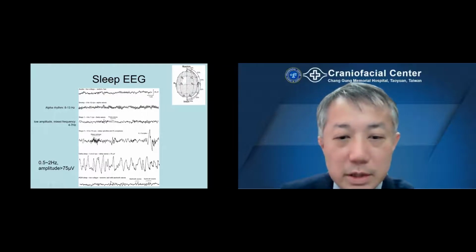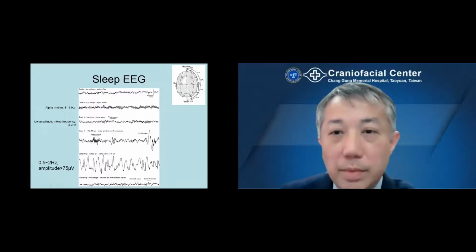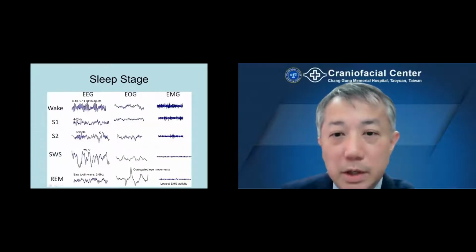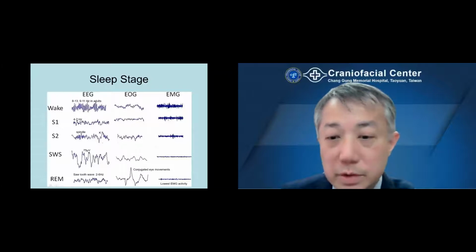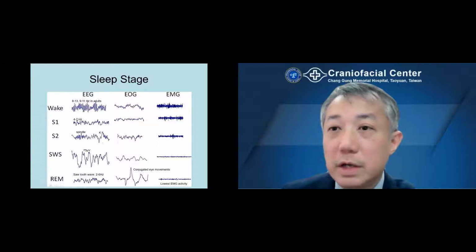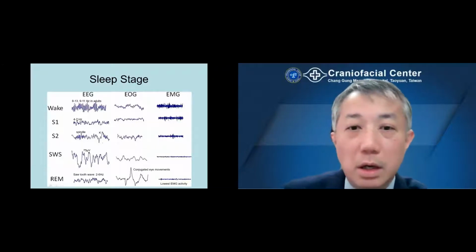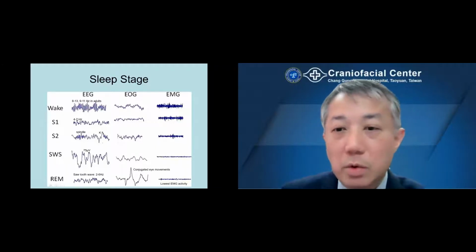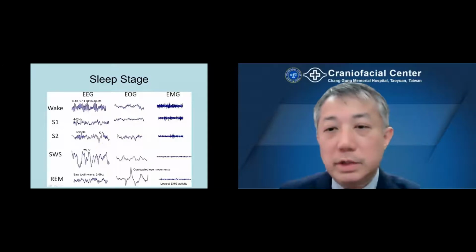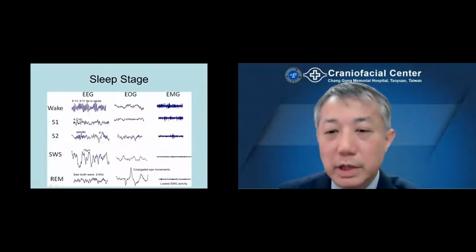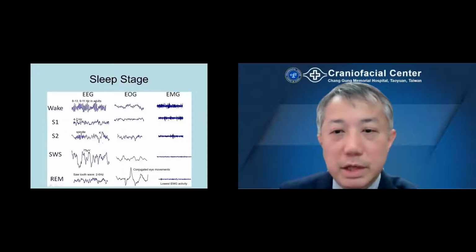REM sleep looks like the stage 2 brain wave, but the special part for REM sleep is to have the lowest muscle tone, especially surrounding our chin, our airway. The muscle tone will be very low. So during that period of time, the airway may collapse much more easily than in other stages.